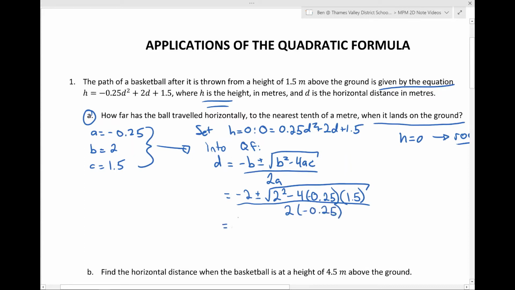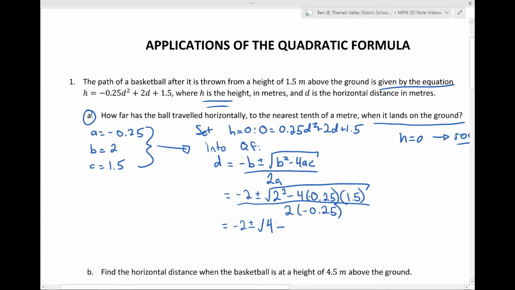Fantastic. So we'll keep right on going. That is negative 2 plus or minus the square root. We can start simplifying this here. 2 squared, that's 4, minus 4 times negative 0.25. If you can do this in your head, that's great. If you need a calculator, that's okay too.